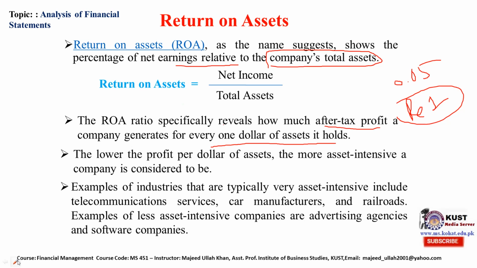Examples of asset intensive companies typically include telecommunication companies, services, car manufacturers, cement industries, railroad, etc. Examples of less asset intensive companies are advertising agencies or software companies. So asset intensive companies always have low return on assets.